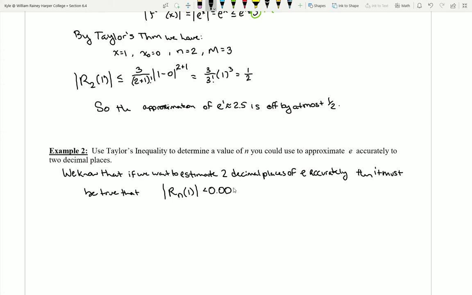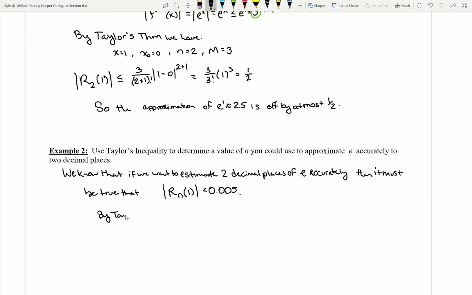Now for the sake of making computations fairly easy, I'm going to put a 5 here, but you could really put any number in the world that you want. I just like a 5 because you'll see that it makes my number calculations fairly simple. So here's what I'm going to go ahead and do. If this is what I want to be true, then I can start stating this.